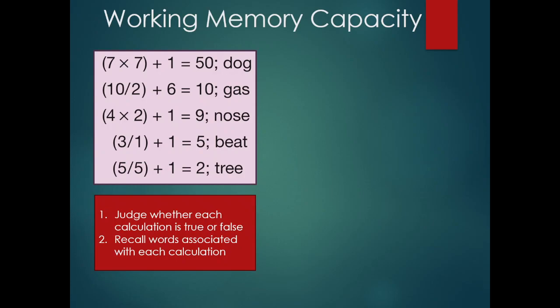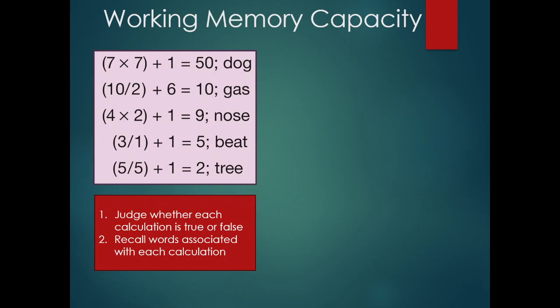So let's say that you could do a list of, I don't even know if this is possible, but let's say you could do 10. That's a lot, because this is a pretty complicated thing to be judging. You see the word that you're supposed to remember, and then immediately see another calculation that you're supposed to process. And so, not to put it back in the modal terminology, but I'm going to, you're kind of not rehearsing that word dog as now you're making the judgment about whether 10 divided by 2 plus 5 equals 10, right?